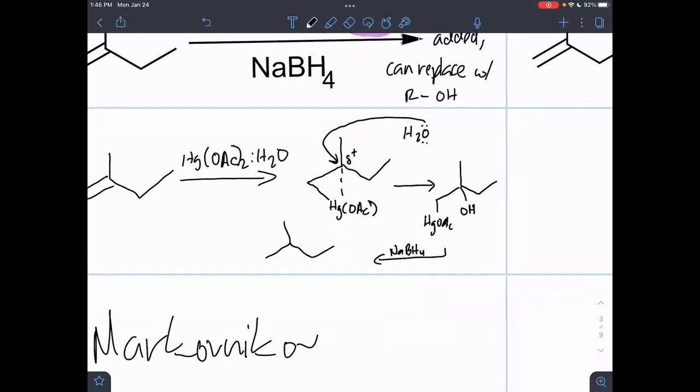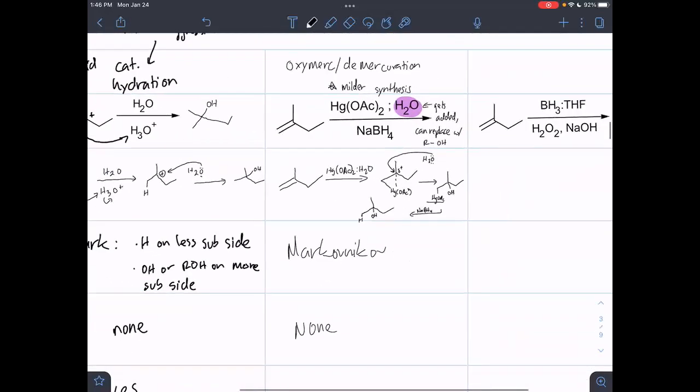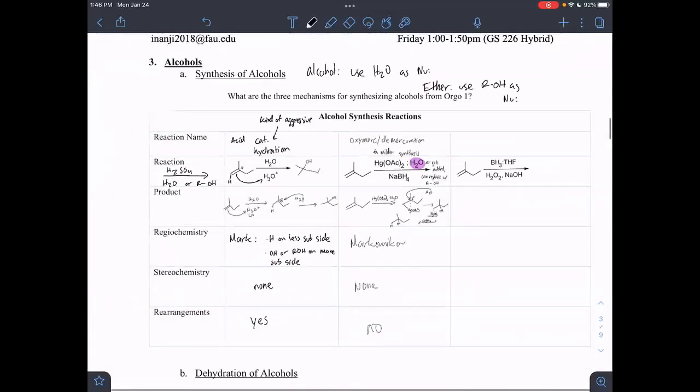And then all this is going to do is replace this thing with a hydrogen. So there you go. That's the mechanism for that. And oh, we have like 4 minutes. Anyone need me to zoom in or anything?